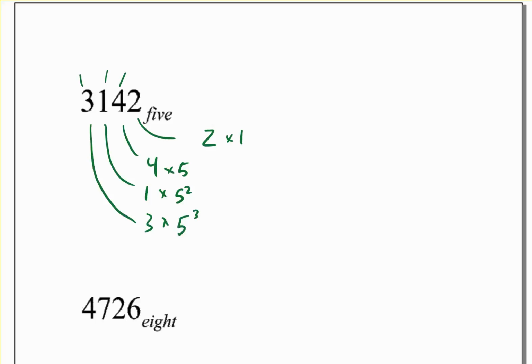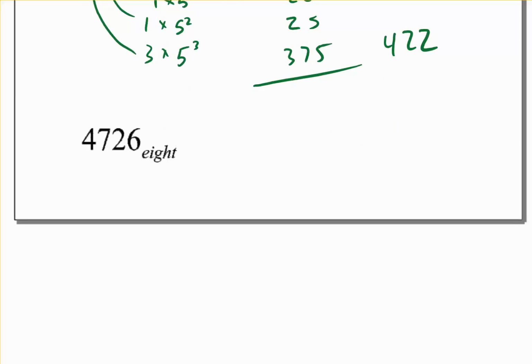So the number 3142 base 5 represents, as far as we're used to seeing it, 2 ones, 4 fives, 25, and 3 125's, which is the number 422. Let's see what it looks like with the 8's.